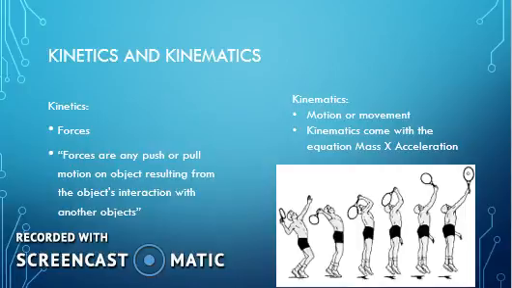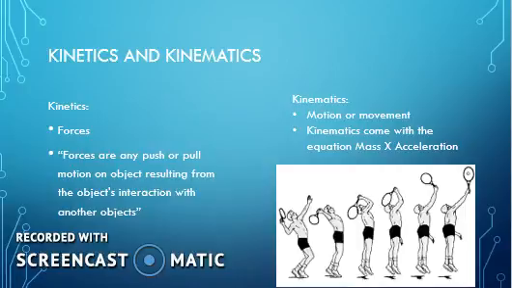He literally said forces are any push or pull motion on an object resulting from the object's interaction with other objects. And this is to deal with motion, and calculating motion is to be used in the measurement phase in the second section.